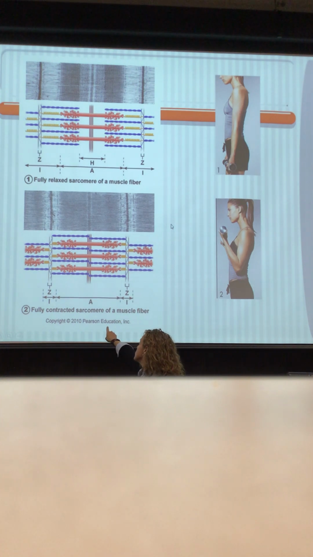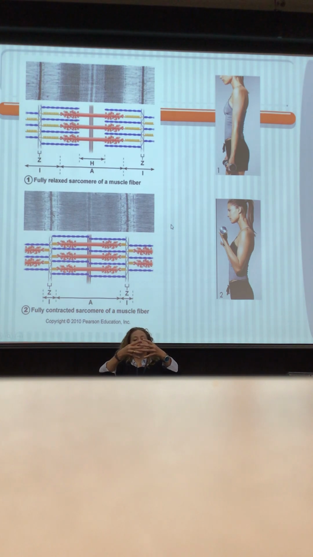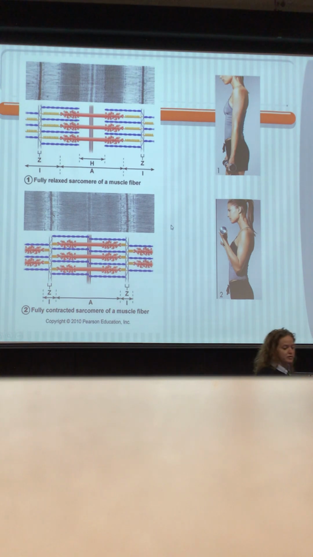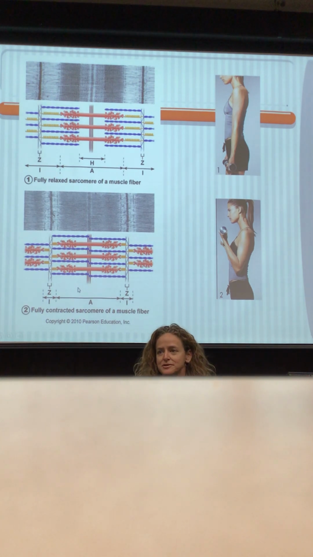And then at the bottom, when we contract, again, the myofilaments slide together. So at the top, there's a space here between the ends of the actin, because the muscle is relaxed. When a muscle contracts, the actin and myosin slide past each other. They slide together. More to come, but I'm just wetting your whistle.